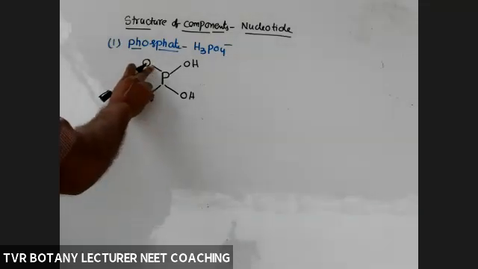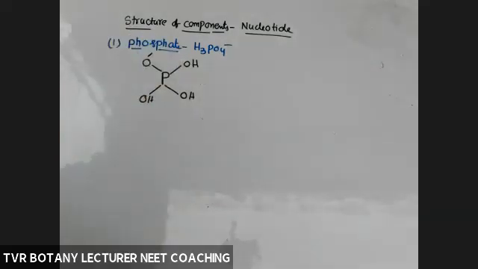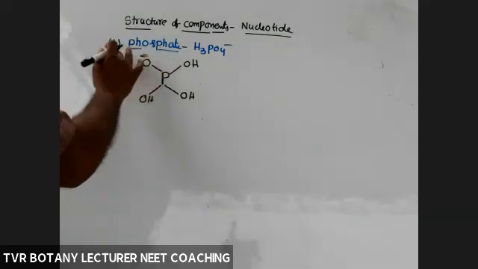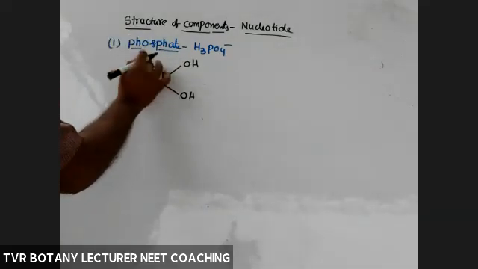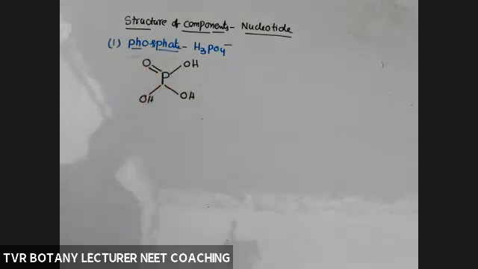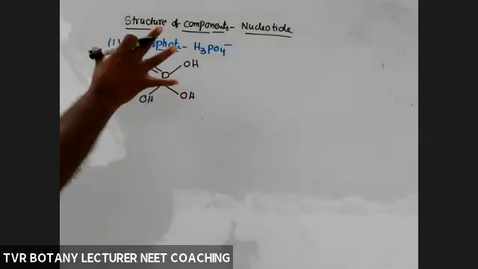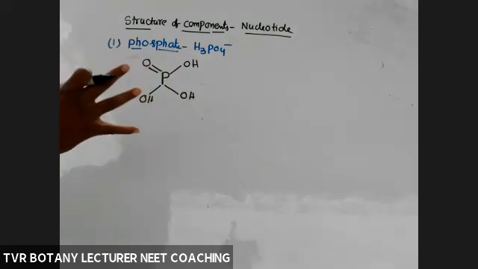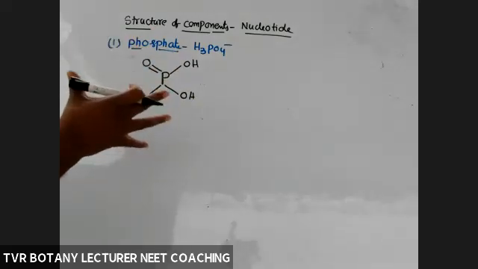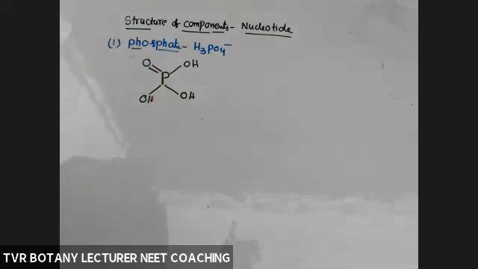Or you can change this one like this. Okay, right? Or like this. That is inorganic phosphate. What is nucleotide? Phosphate, ribose sugar, and nitrogen base. So first one completed. First structure. After completion of structure, how they are involved in the construction of DNA and RNA.